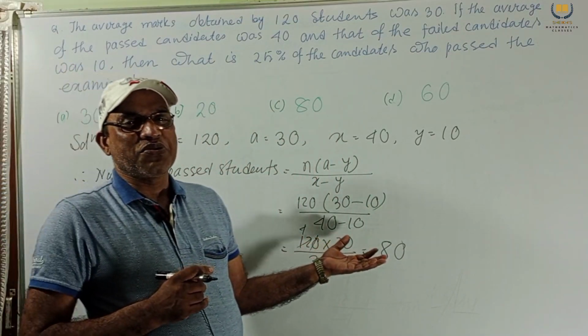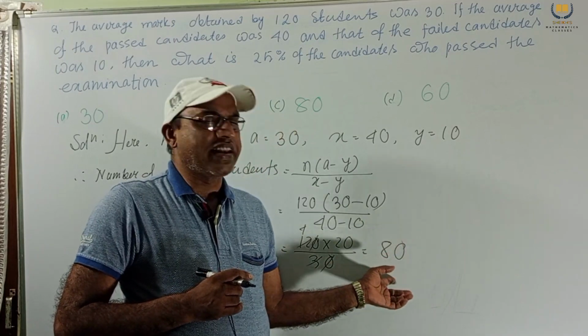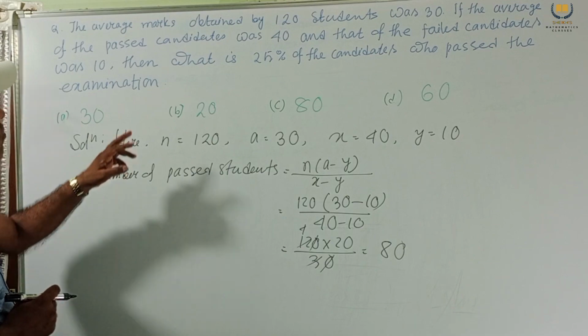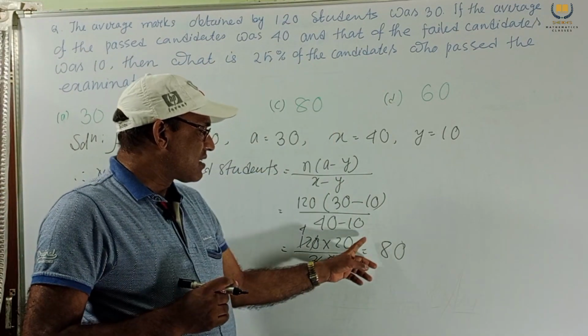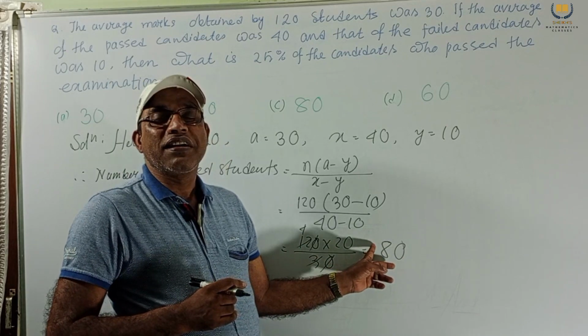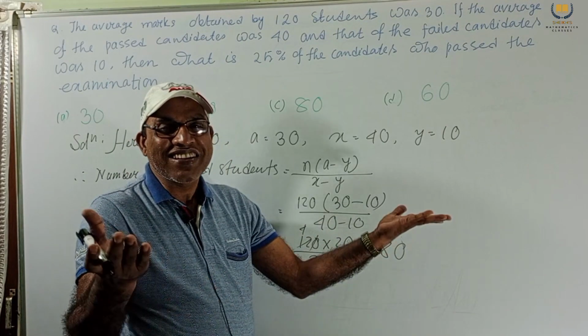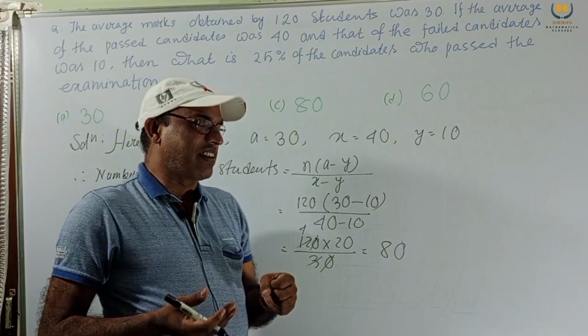Therefore, the number of students who passed is 80. So 80 students, but our requirement is 25% of the candidates who passed. What is 25% of 80? This is 20. 25% of 80, in memory we can write 20.